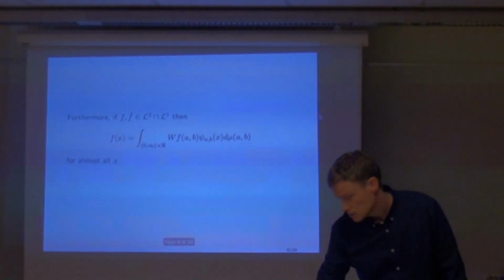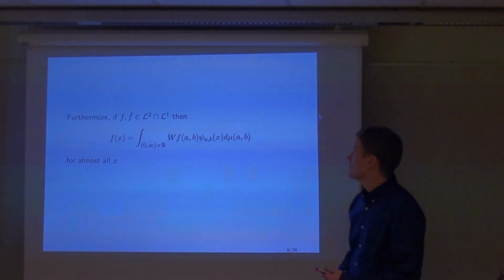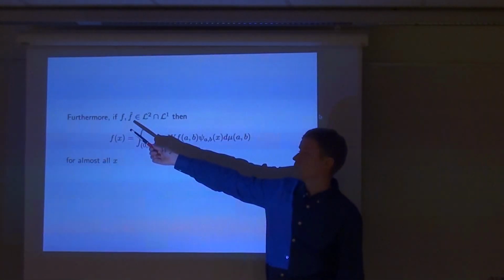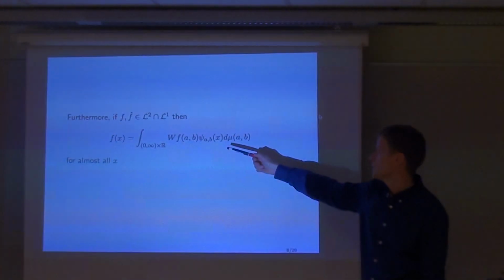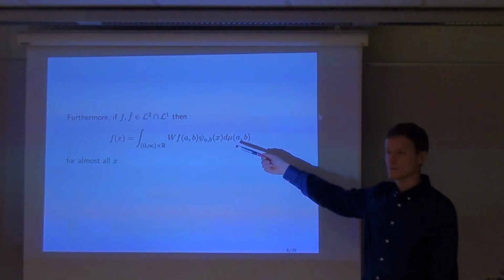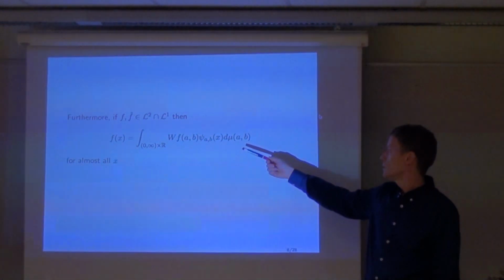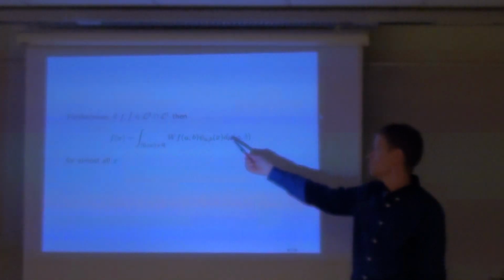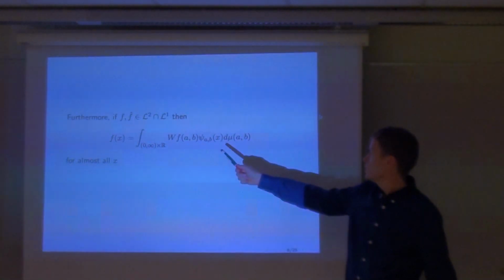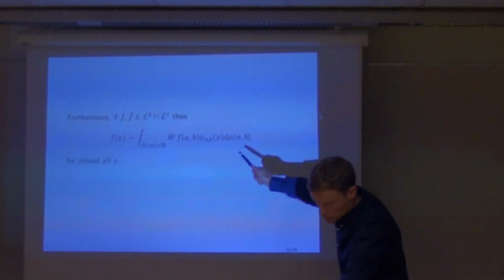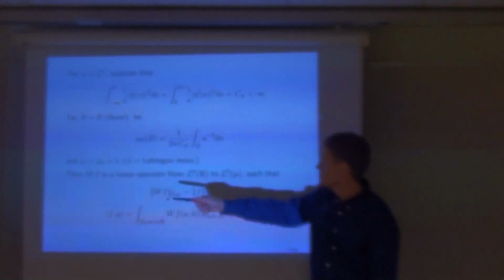Yes, and then if both f and its Fourier transform are in both L1 and L2, then you have an inverse for the wavelet transform. You do an integral over the a and b parameters with, remember, respect to this guy here.